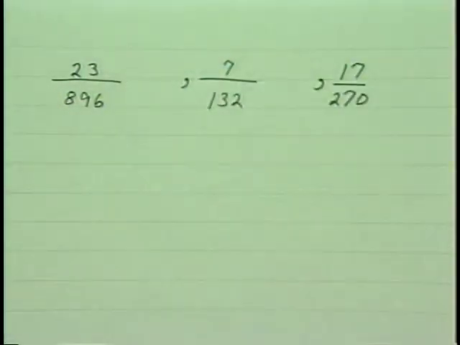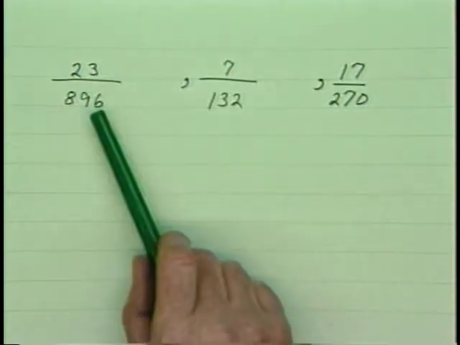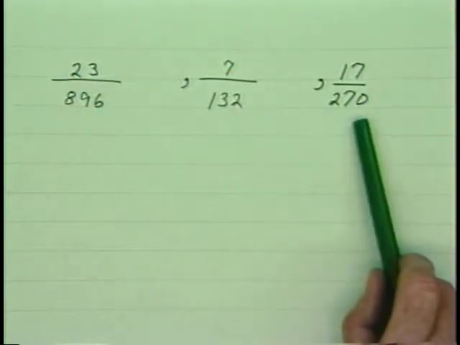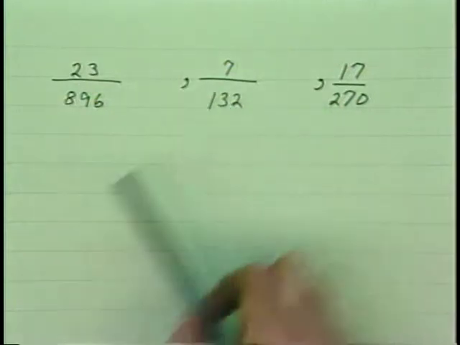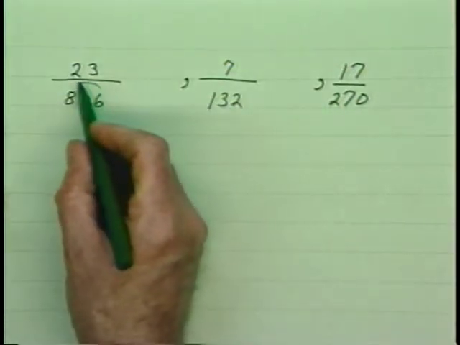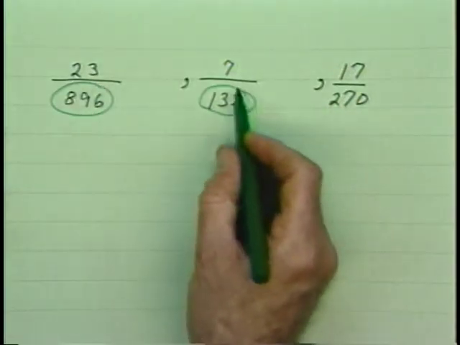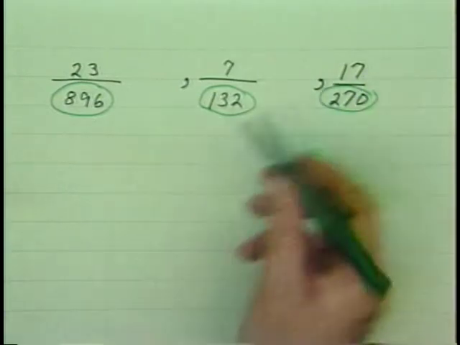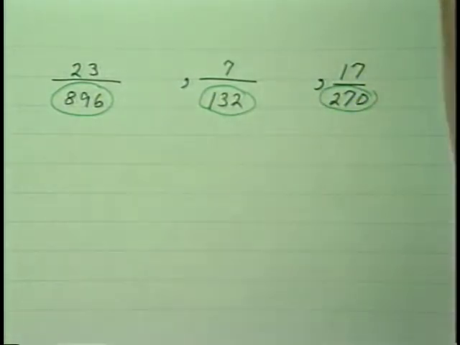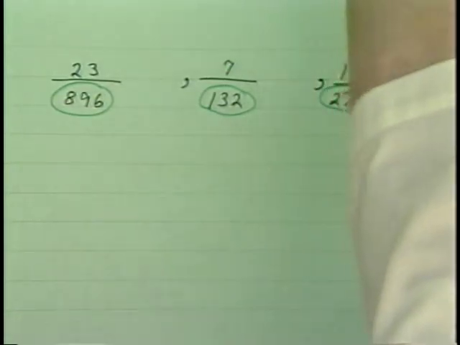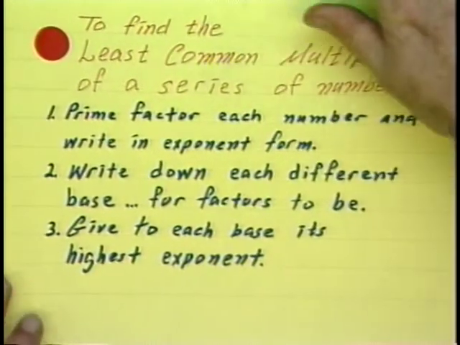Our first question is to find the least common multiple of these 3 numbers. By now, we have covered and reviewed it so many times that this should be absolutely memorized.